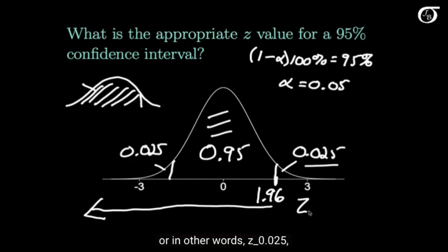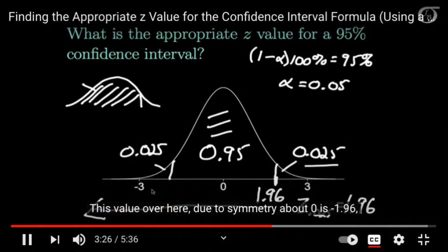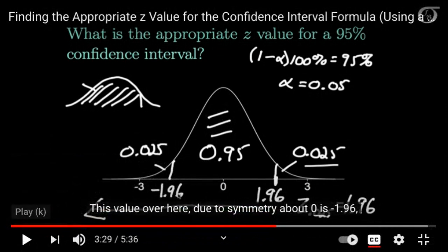Or in other words, Z sub 0.025, the Z value with an area of 0.025 to the right, is 1.96. This value over here, due to symmetry about 0, is minus 1.96. Okay. 1.96 is 1.96 standard deviations from 0. Okay? We can look at that. And we know it's at the 95% confidence interval.